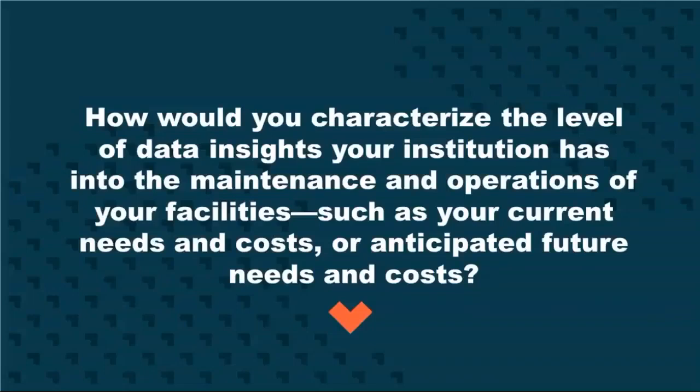We also took a look at that as characterizing the level of data insights an institution has into maintenance operations. So do people feel that they have an idea on what the needs and costs are, and they're able to anticipate the future needs and costs? Do they have access to that?